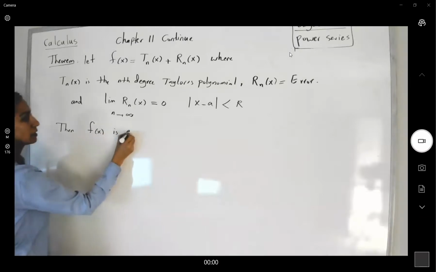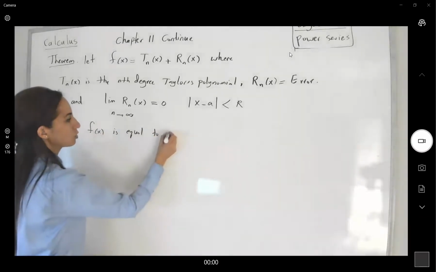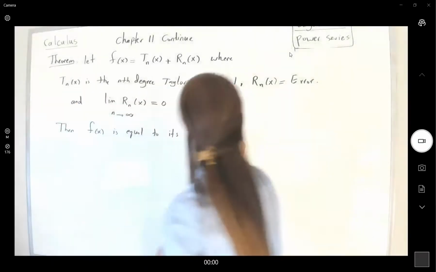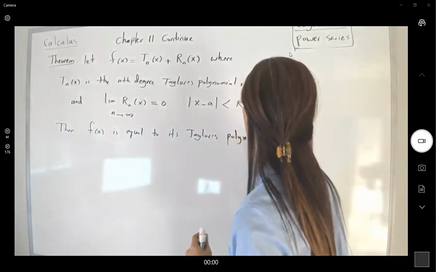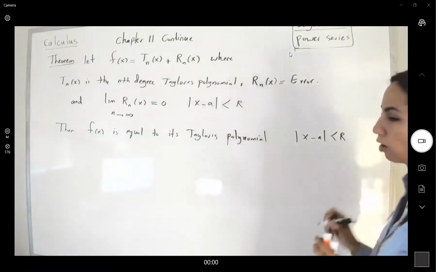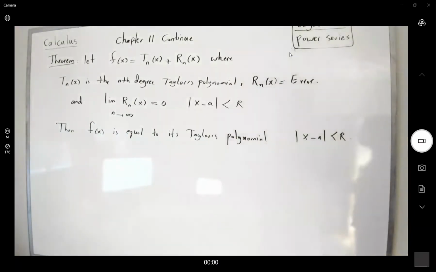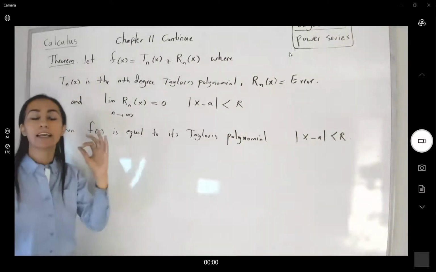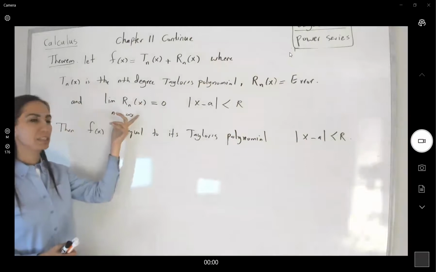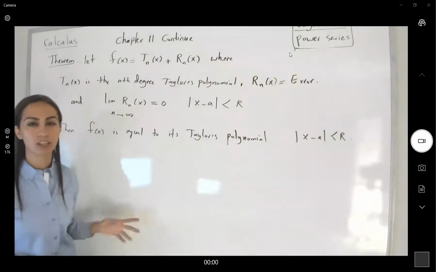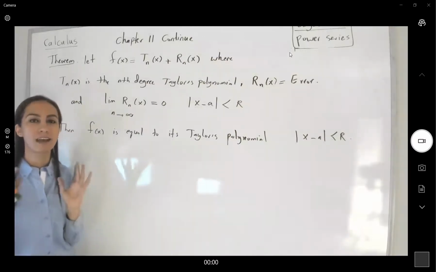f of x is equal to its Taylor's polynomial over |x minus a| less than R. So this theorem says if you can show that the limit of this error is equal to 0, for sure your function is equal to its Taylor's expansion.